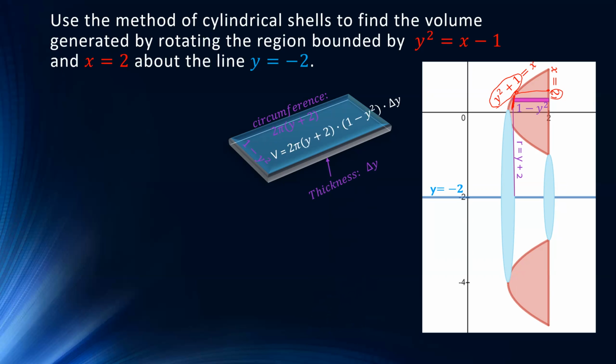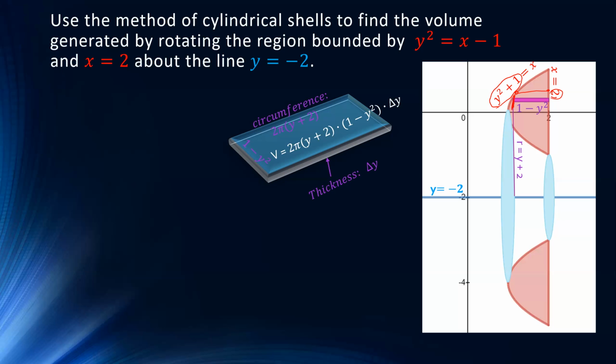So the volume of one shell is 2 pi times y plus 2, that's the circumference there, multiplied by 1 minus y squared. That gives you the blue area on top. And then you multiply by how thick, and that gives you volume.